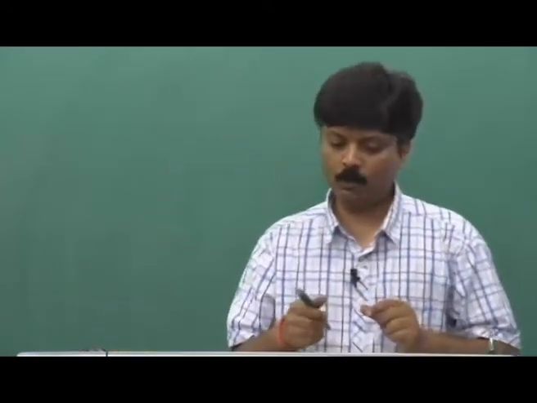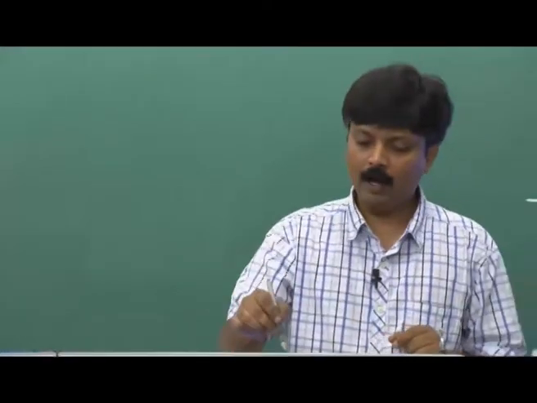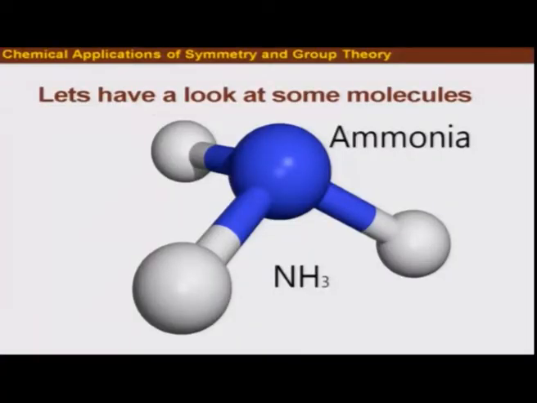Like if I can draw right here, so if I mark this hydrogen atom as 1, this hydrogen atom as 2 and this hydrogen atom as 3, and join 1, 2 and 3 by straight lines, I will find something like this, an equilateral triangle, where this nitrogen is sitting somewhere at the center above the plane.